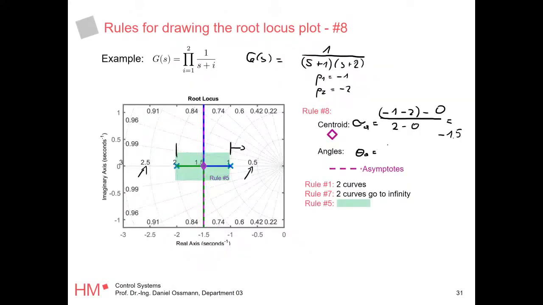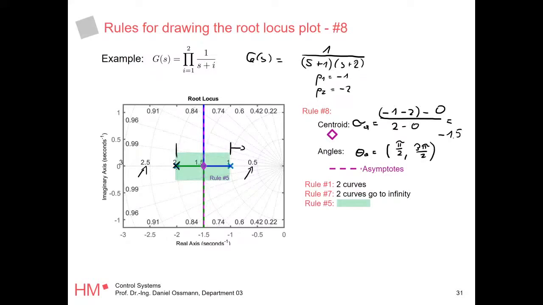And when you solve that, you end up with the angles of pi over 2, which is basically 90 degrees, and 3 pi over 2, which is 270 degrees or minus 90. Okay, and that's it.